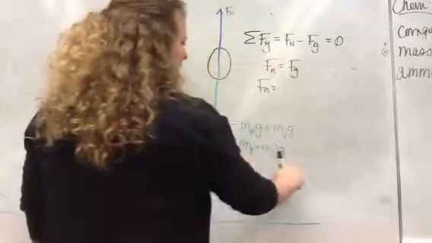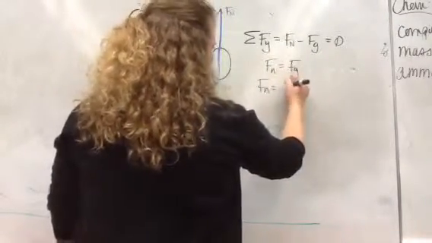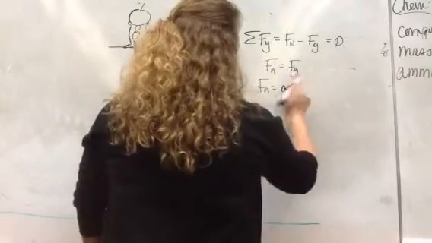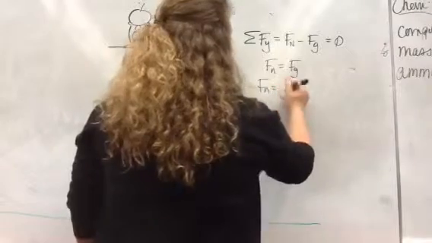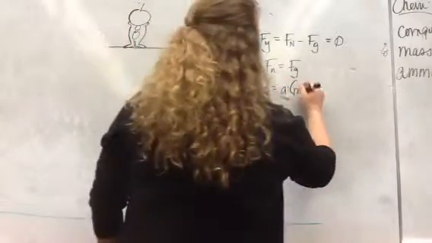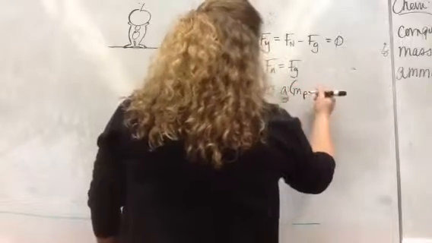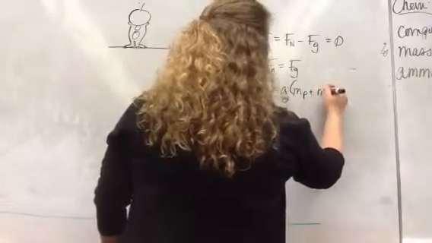So if we go ahead and substitute this in, we now have g, acceleration due to gravity, times the mass of the pumpkin plus the mass of Joe.